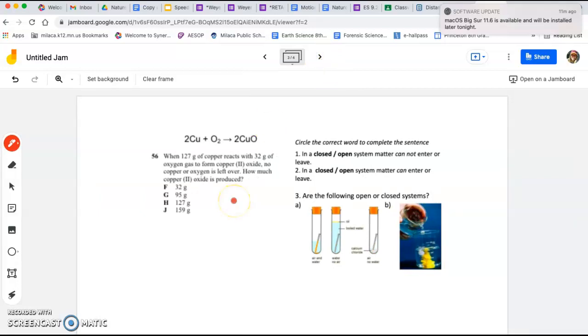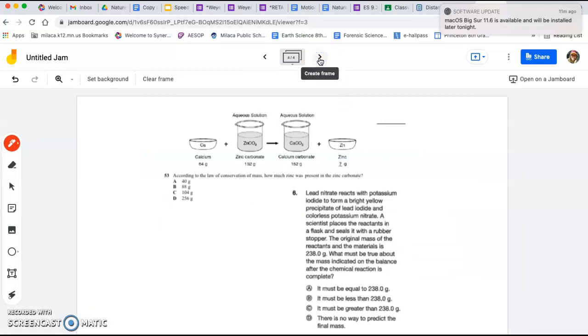Okay, the last couple or few problems are word problems. So you are going to go through and read and then find the best answer for each of these. And we can go through the answers tomorrow when I'm back in class, okay? Same thing here. I have this chemical equation and we see how much of the product is here, how much of the reactant is here.